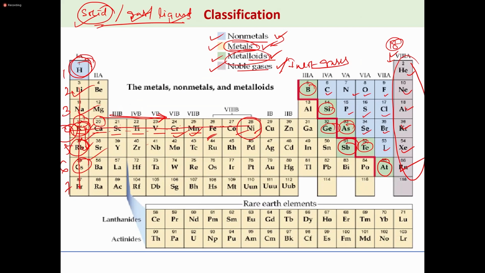Nickel is present in the fourth period, and the group number is 1, 2, 3, 4, 5, 6, 7, 8, 9, 10. So this is 10. So nickel is present in the fourth period and the 10th group.